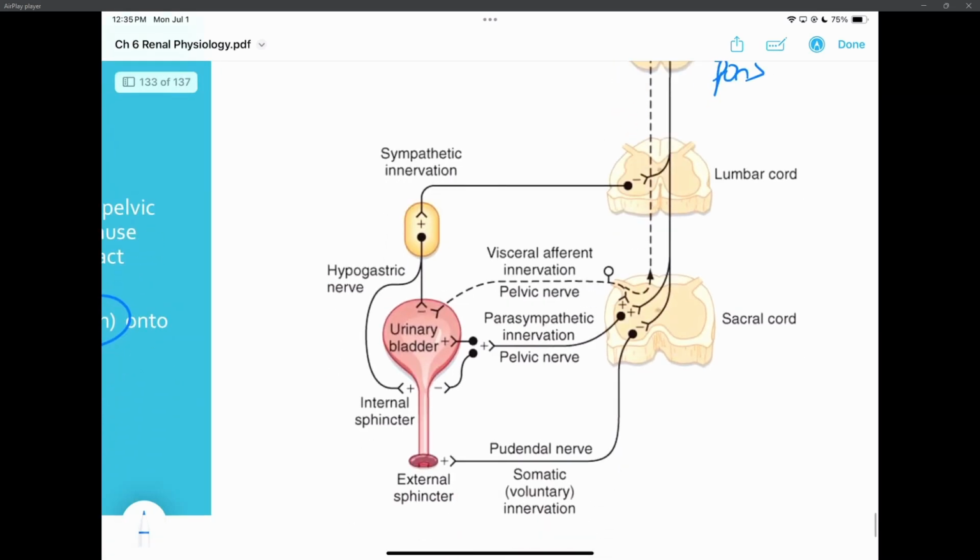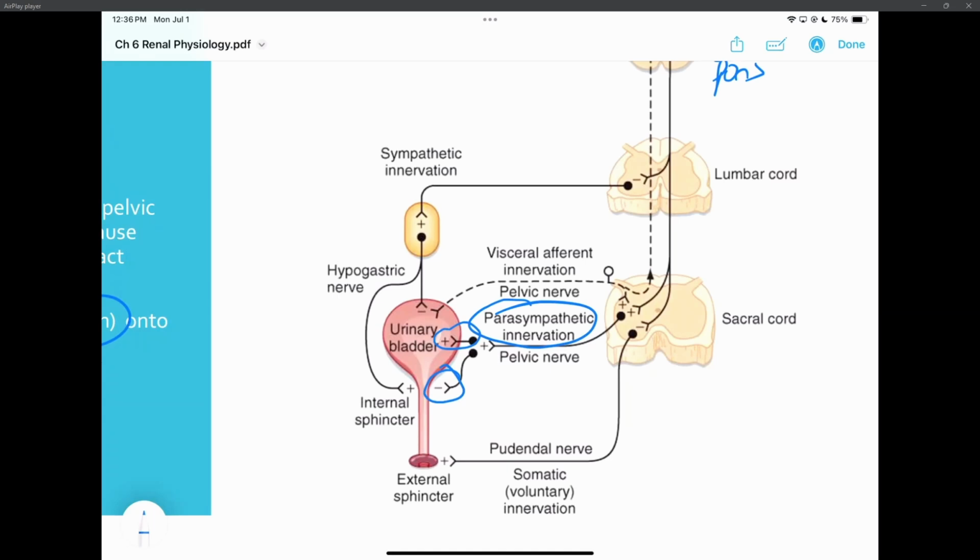Okay. Here is our parasympathetic innervation through S2 to S4. And you can see here it has two effects, on the bladder and the internal sphincter as well.